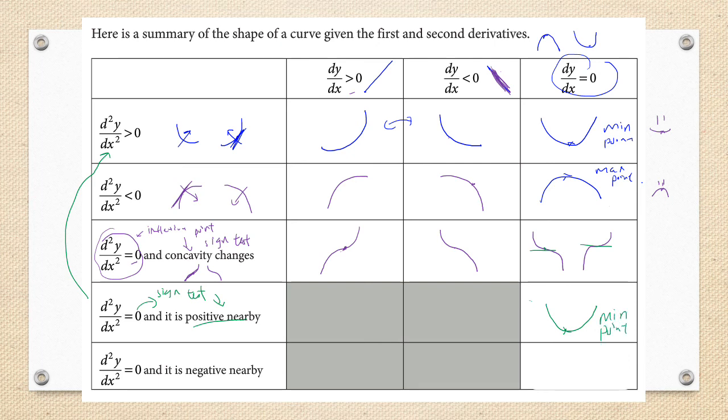If the second derivative equals 0 and it is negative nearby, I do the sign test and both give me negative. Negative means I will come to here, so I will have a cap shape. So this is actually a maximum point.